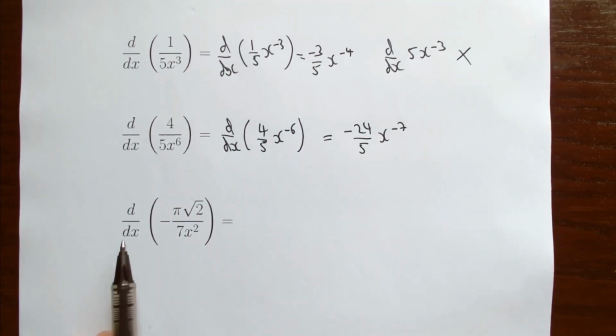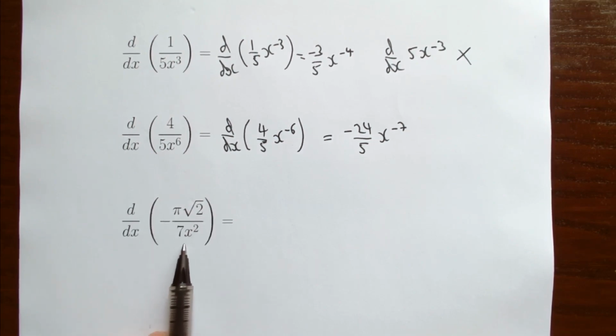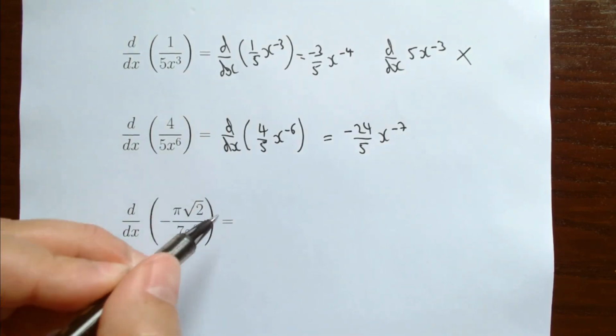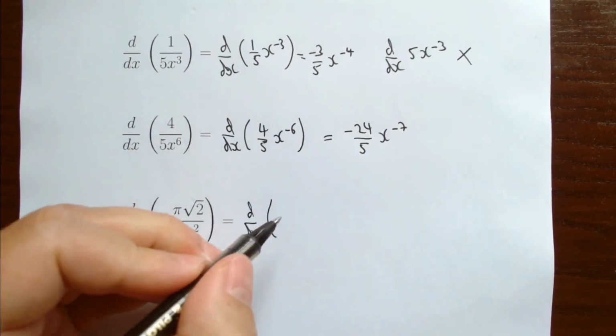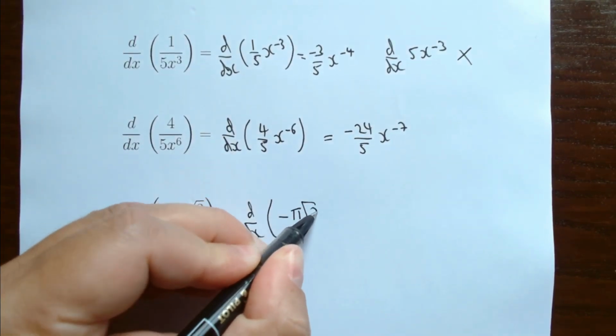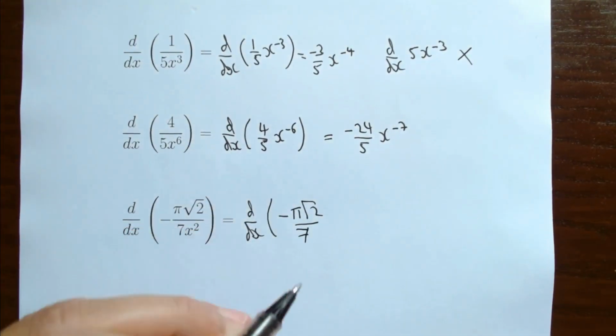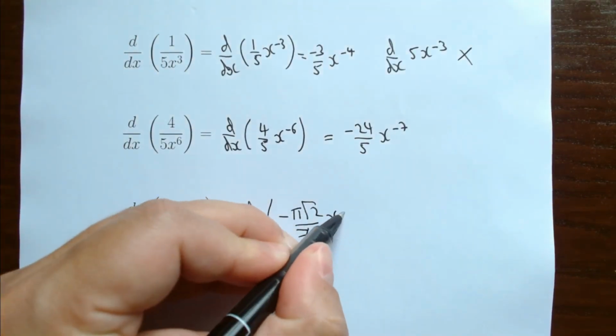The next example, we're going to differentiate negative pi root 2 over 7x squared. So again, these are just numbers, they stay exactly where they are as a fraction, and the x squared will come up. So the fraction part is minus pi root 2 over 7, and then we have x to the minus 2.